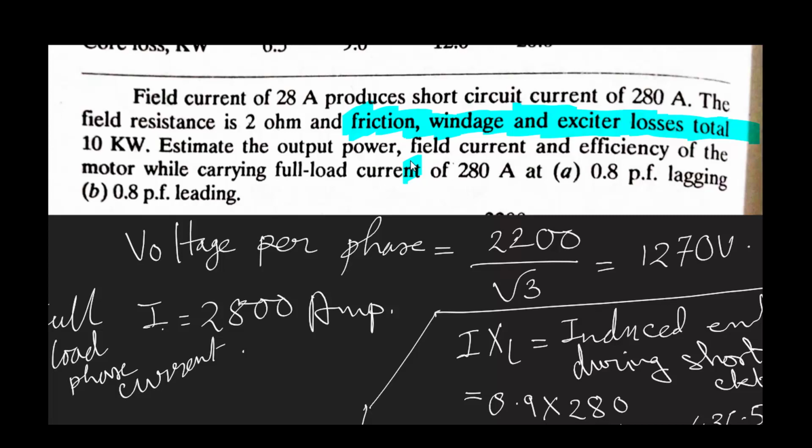They will never remain the same. If you increase the speed, the mechanical losses will increase. And obviously, in an induction machine there is no exciter loss, only friction and windage kinds of losses are present.